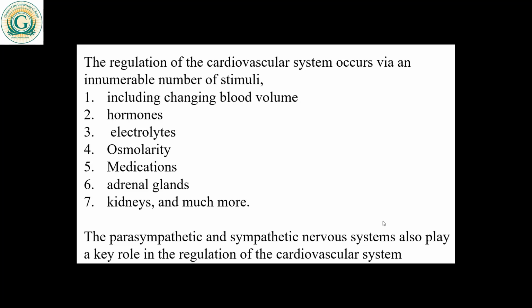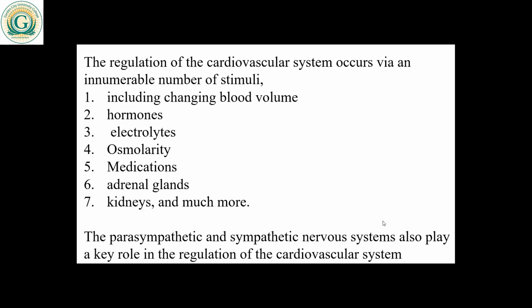Okay. And we are saying we need to regulate this system so that it doesn't also affect other systems, because the blood is what transports almost everything that every cell needs to the cells and tissues. We are saying the parasympathetic and sympathetic nervous systems play a key role in regulating the cardiovascular system.